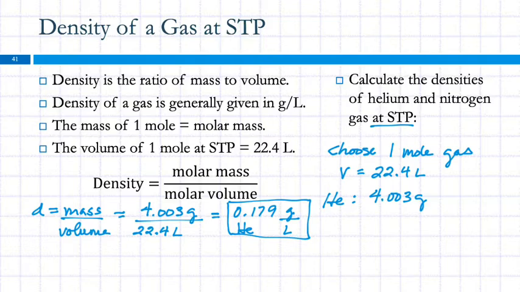I also want the density of nitrogen. Is nitrogen a diatomic element? It is, and so it's N2. Helium is not, and so we just use He, but nitrogen is one of those 7 that we have to remember, and so the mass of 1 mole is 28.02 grams.